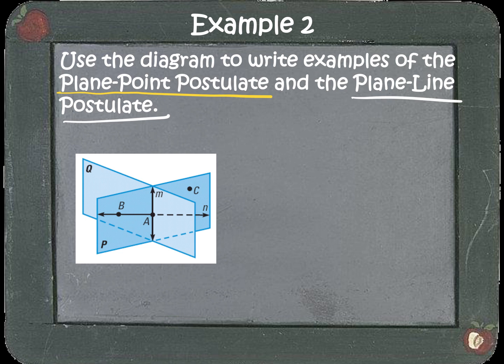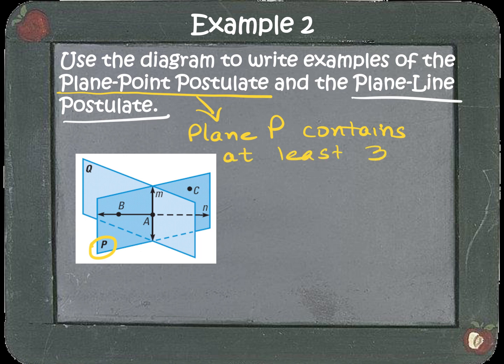So what I'm going to say specifically for the plane point based off of this diagram is I can say that plane P, because right here, contains at least 3 non-collinear points, which in this picture are A, B, and C.